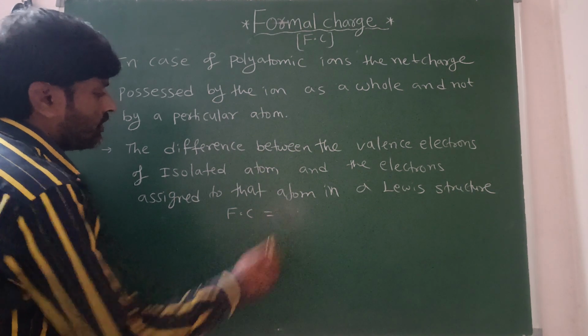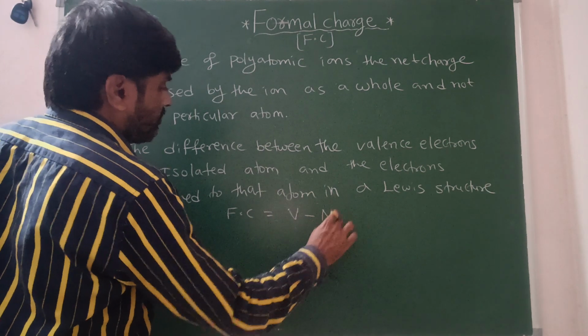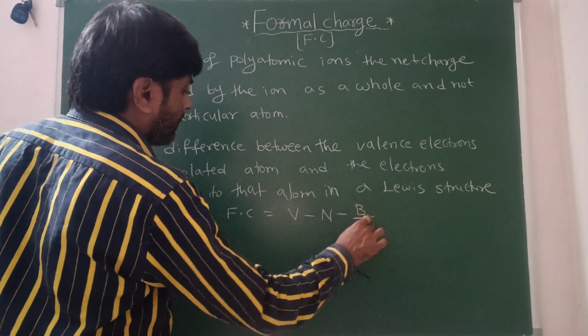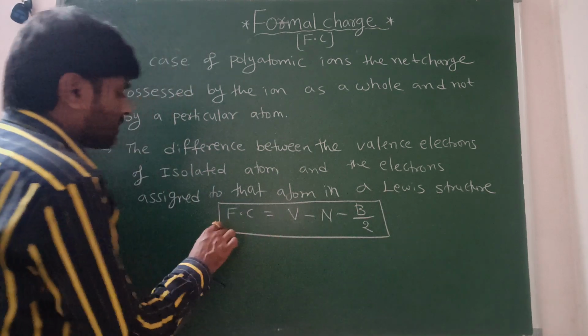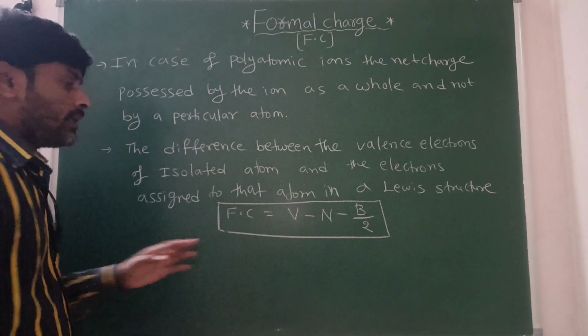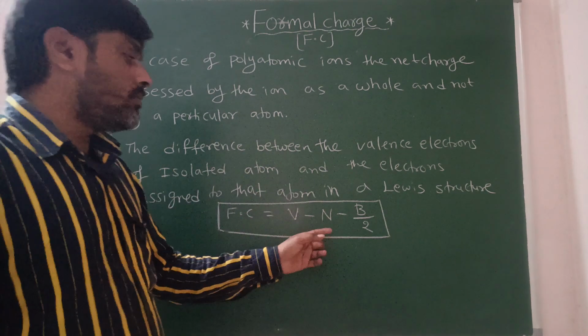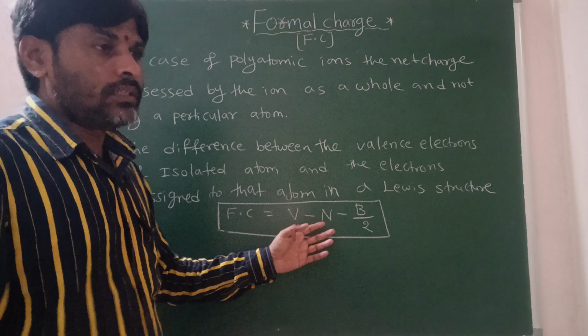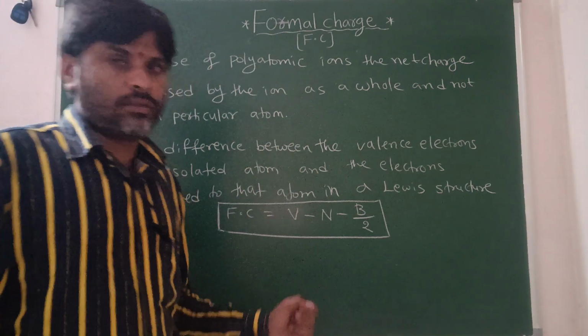Formal charge equals V minus N minus B by 2. V is the number of valence electrons in the atom in the free state, and N is the number of non-bonded valence electrons, that is nothing but lone pair of electrons, and B is the bonded electrons.